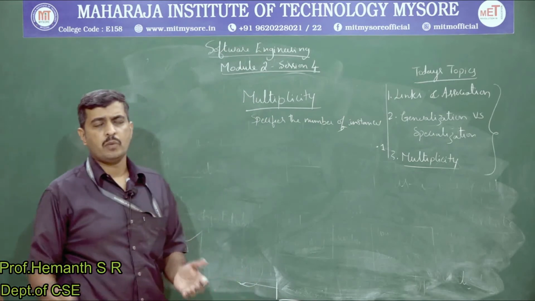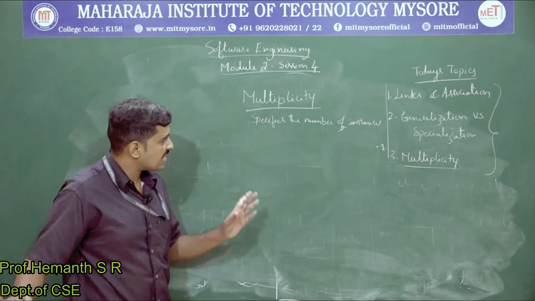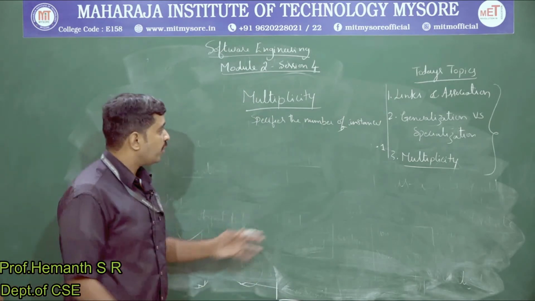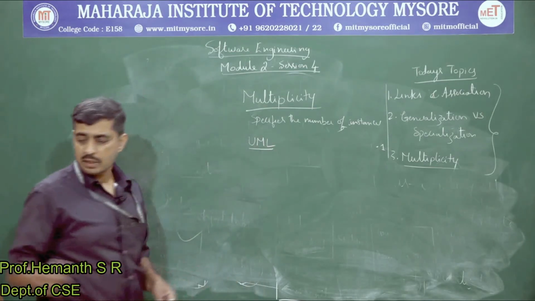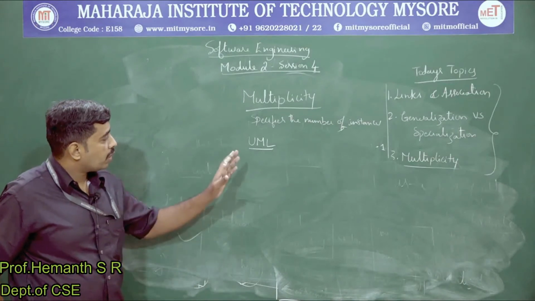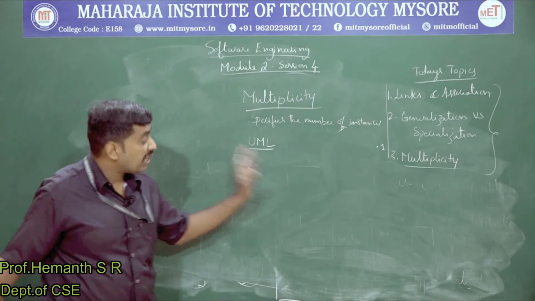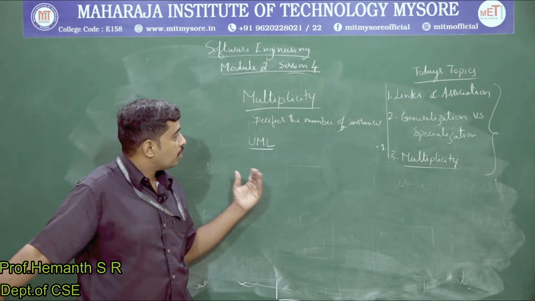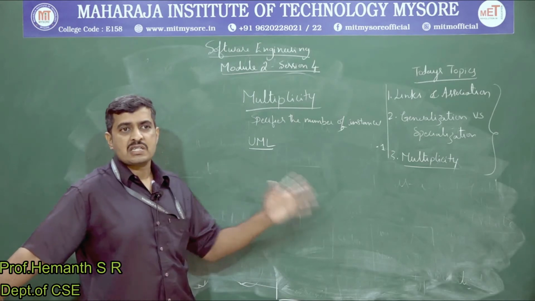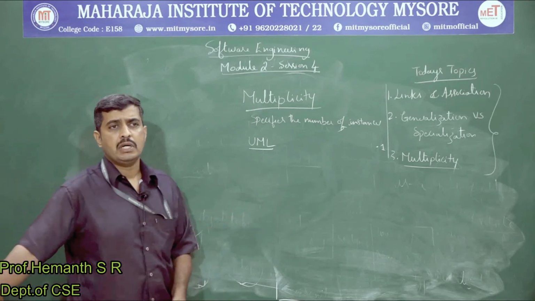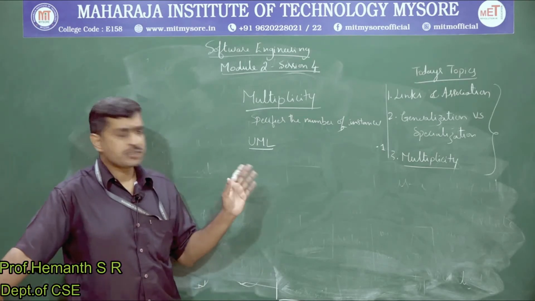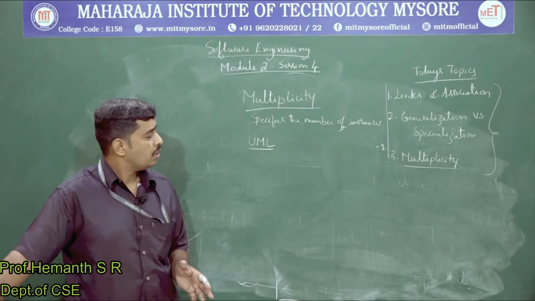So what are the possibilities here? How many instances can we have and how exactly is it represented? We will take the UML example, UML modeling, to represent multiplicity in classes and objects. UML is Unified Modeling Language, a standard way of visualizing the design of a system.